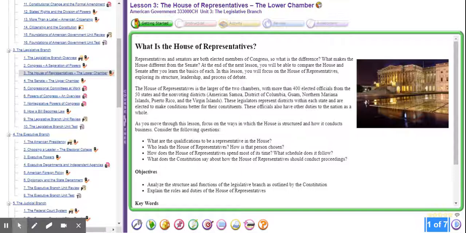All right, 3.3 really dives into the House of Representatives. Remember, the House is considered the lower house of Congress for a variety of reasons that we've talked about, and you should go back and make sure you understand why it's called that. But one of the things that makes the House different is that it is based on population. So states with really big populations have a lot of representatives in the House of Representatives.